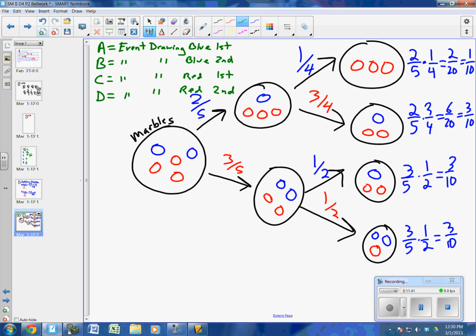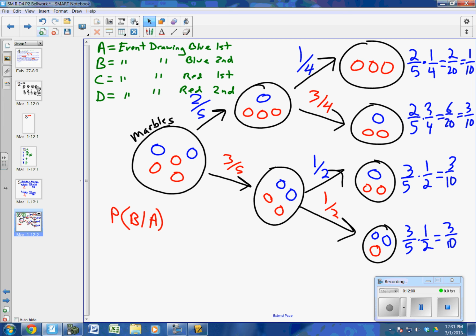Okay? Now, this is where you've got to really listen to the notation right here. I want to know what is the probability of B given A. JD, what do you think?